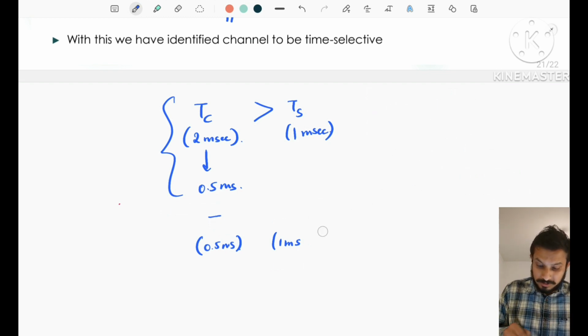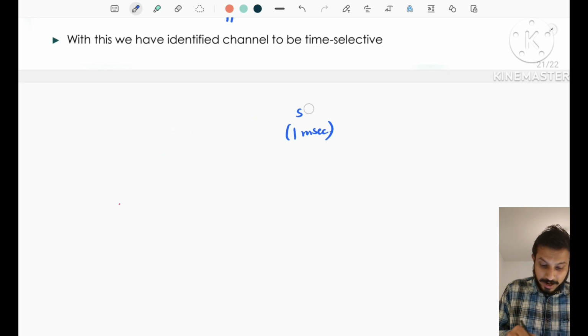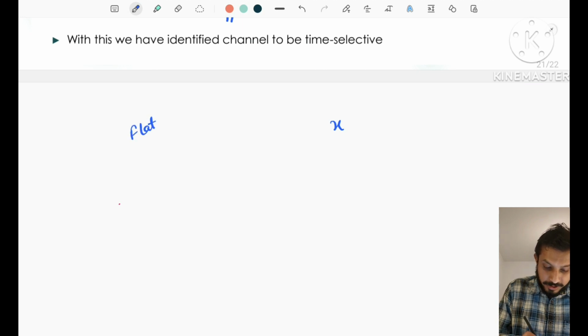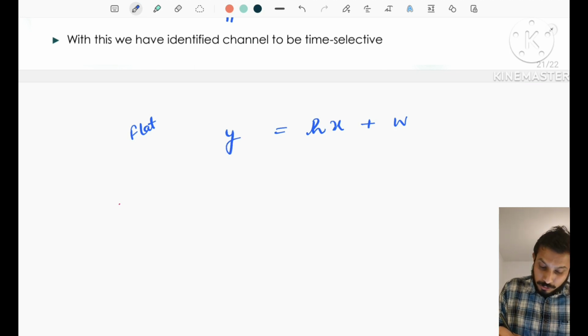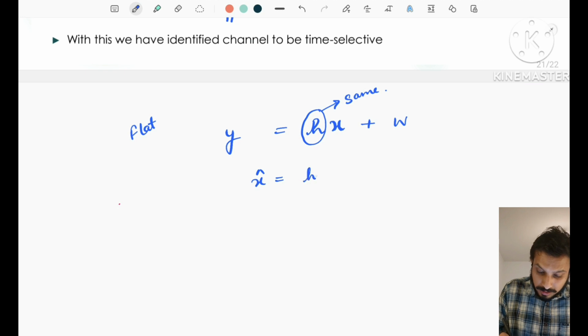Now, the advantage of having slow fading is this. Let's say we transmit a single symbol X. In flat fading, we know that the channel coefficient gets multiplied with the symbol, and of course we have AWGN noise, and this is Y. For slow fading, this H will remain the same over the symbol duration. So if we want to recover X, we can directly recover it by estimating the channel and taking its inverse.